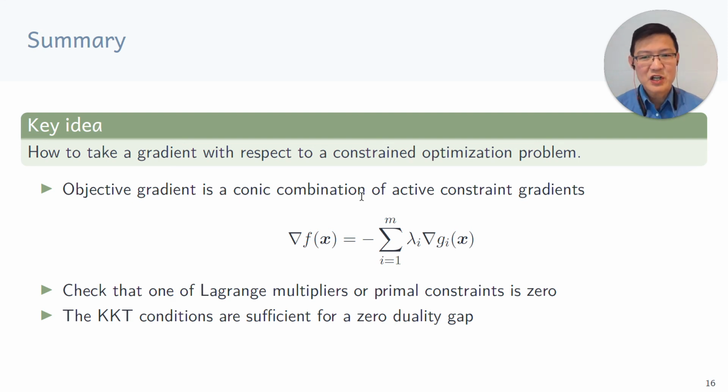If we additionally check that one of the Lagrange multipliers or one of the primal constraints is 0, we satisfy the Karush Kuhn Tucker conditions. And if we satisfy the Karush Kuhn Tucker conditions, this is sufficient for achieving zero duality gap, which means that we have a global optimum.